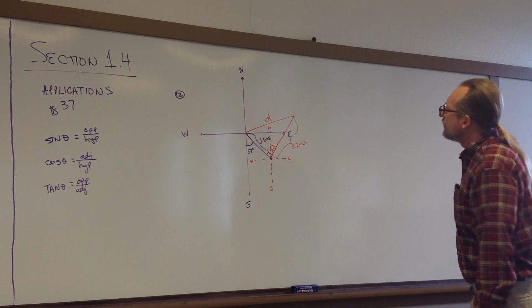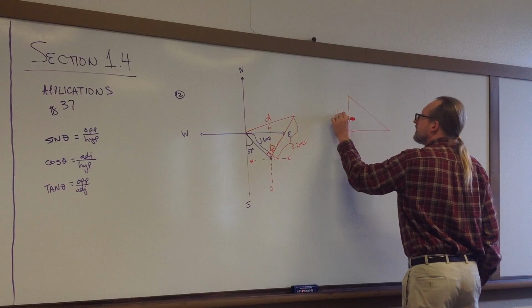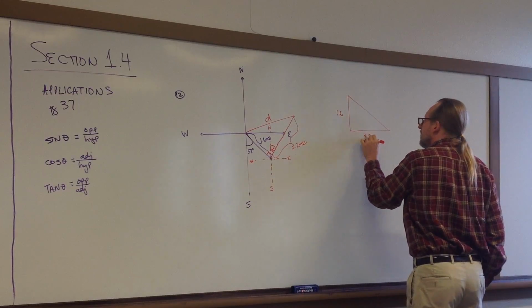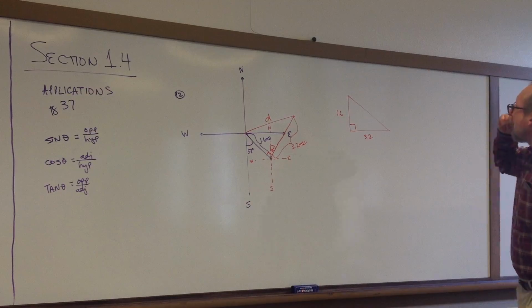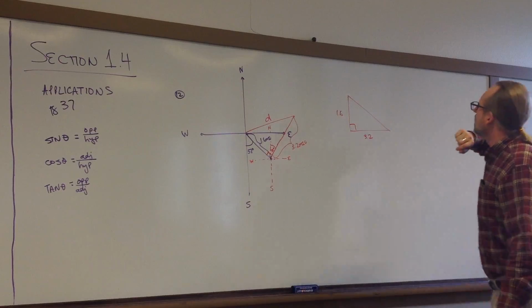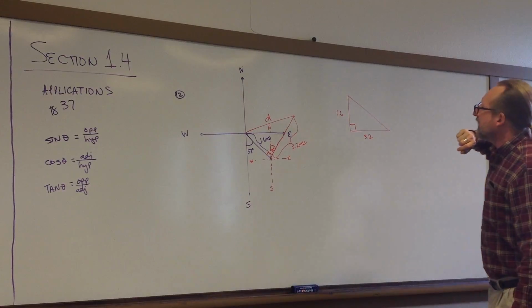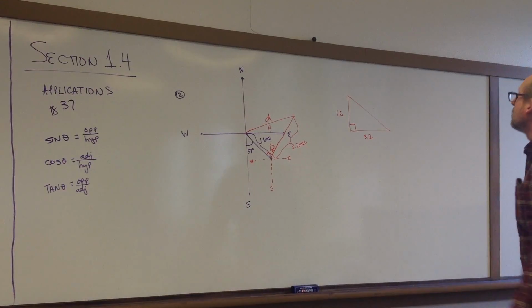We've got this triangle here, where this is 1.6, this is 3.2, and that's a right angle. We can use the Pythagorean theorem to find the distance. So let's go ahead and do that.